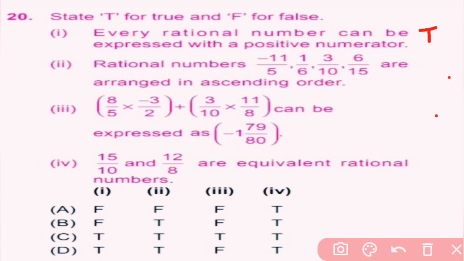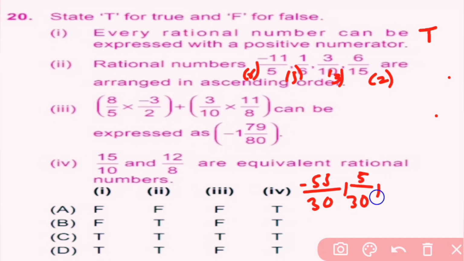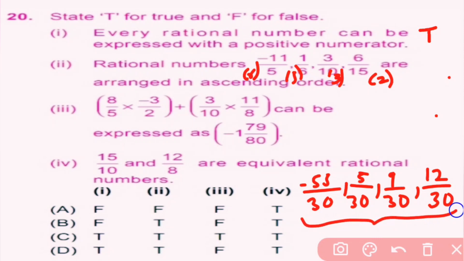So we will multiply both numerator and denominator by 6 here, by 5, here by 3 and here by 2. So 11 into 5 is minus 55 by 30. 1 into 5 is 5 by 30. Then 3 into 3 is 9 by 30. And 6 into 2 is 12 by 30. So these rational numbers are arranged in ascending order. So this statement is also true.